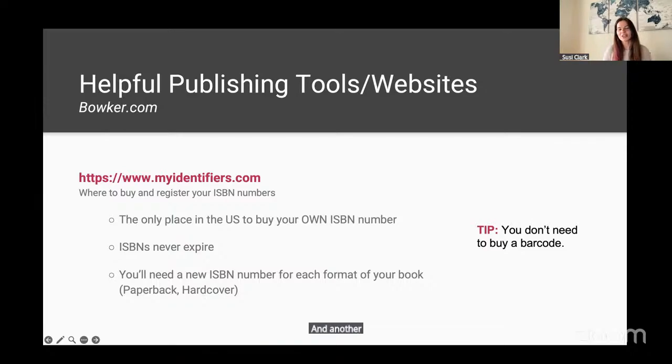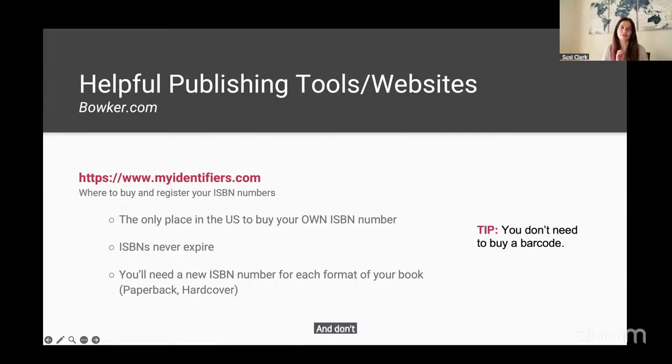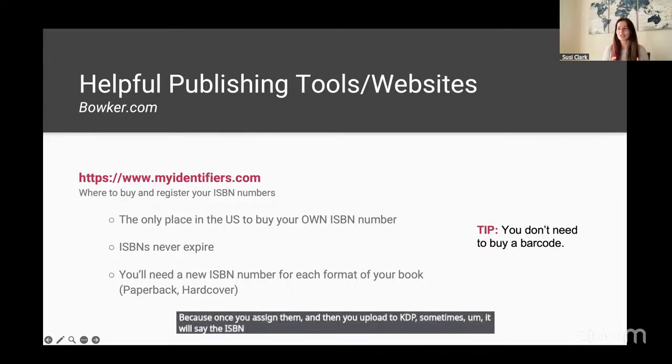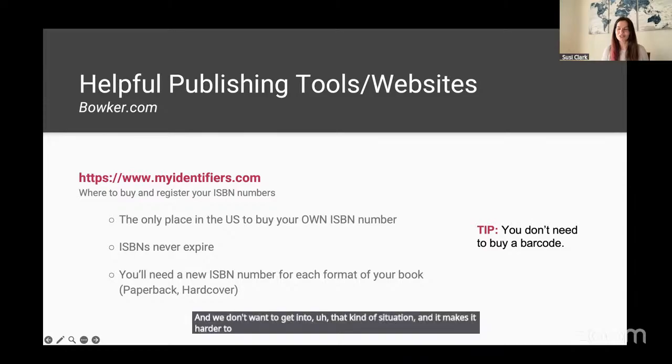And another tip that I always tell my authors when I go through this with them is I always suggest just buy your numbers and don't assign your numbers to your books yet. Because once you assign them and then you upload to KDP, sometimes it will say the ISBN number is already in use. And we don't want to get into that kind of situation. It makes it harder to then finish the uploading process.